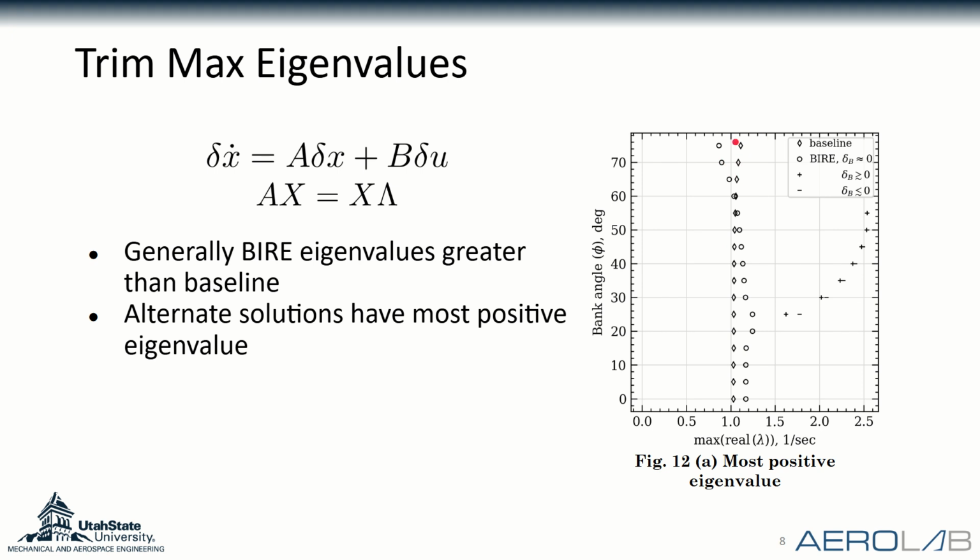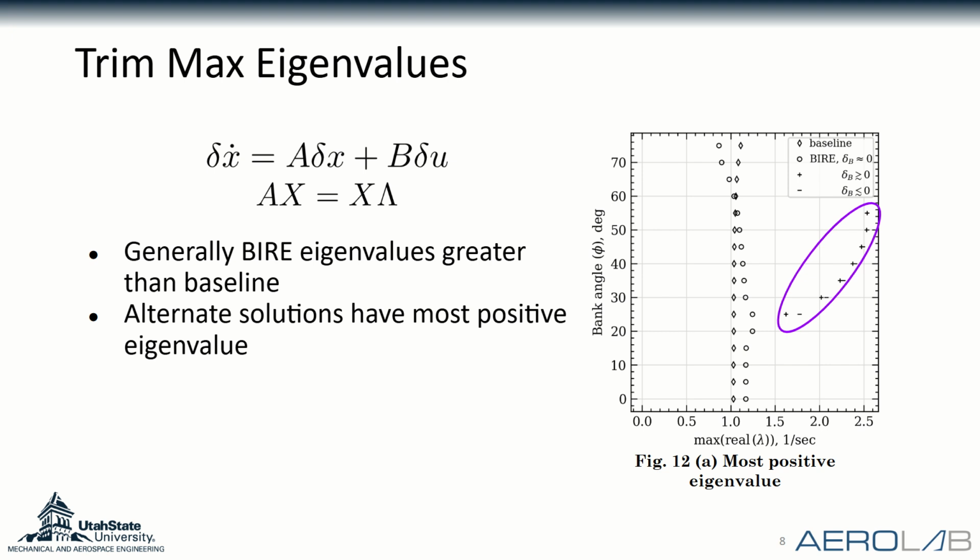The most positive eigenvalue is greater than that for the BIRE aircraft. But something we found was interesting was that these alternate trim solutions, so tail positive, once again, tail positive, tail negative, these alternate trim solutions tend to have an even greater most positive eigenvalue of the system than for the tail near zero systems. Now, what does that mean?